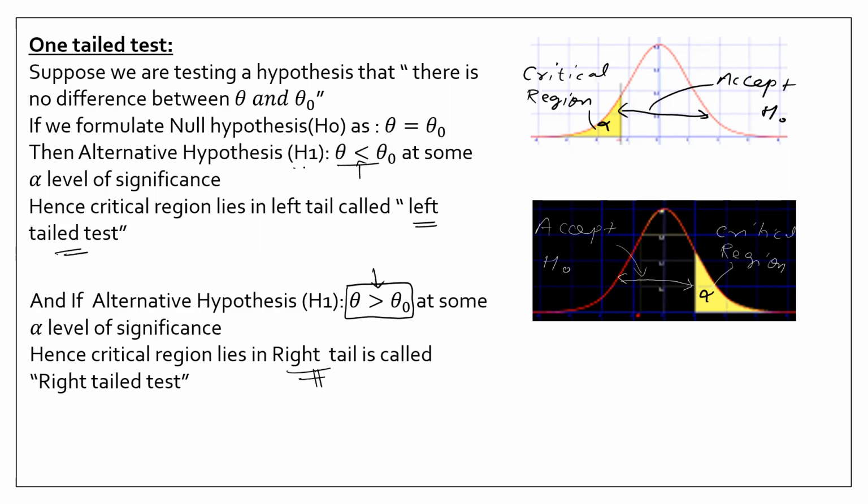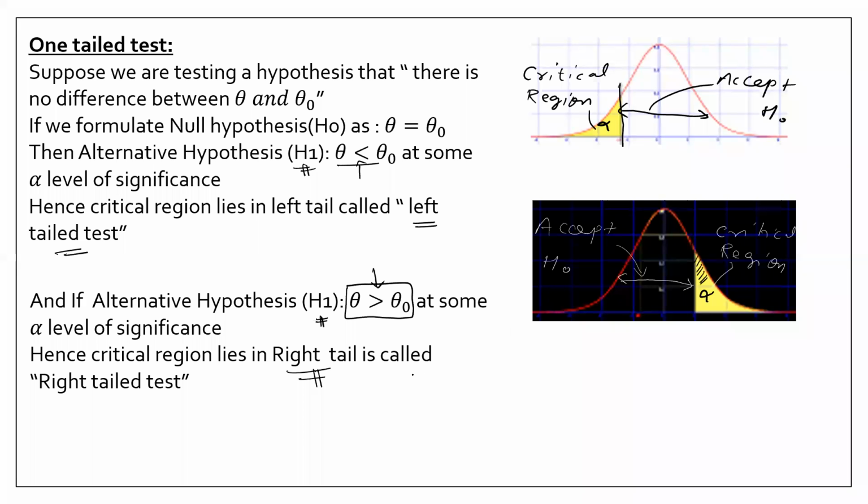So you always have to look at the alternative hypothesis to decide whether to go for a two-tailed or one-tailed test. If H1 is less than, it will be on the left hand side, so it will be a left tail test. If it is greater than, it will be on the right hand side, so this will be your right tail test.